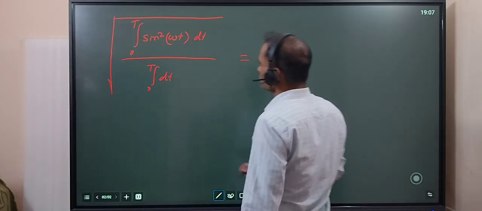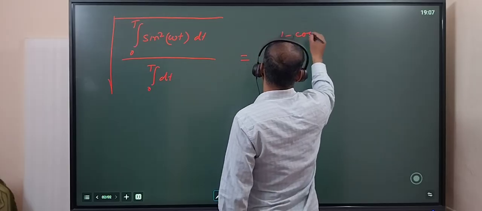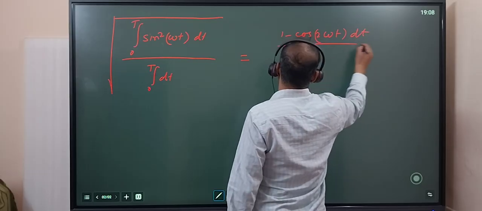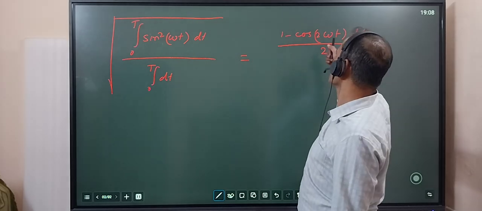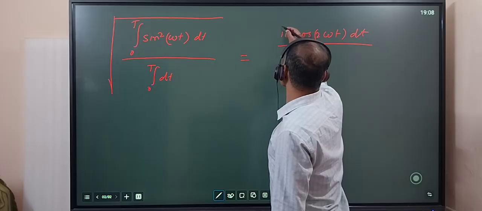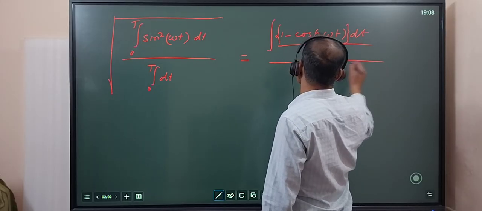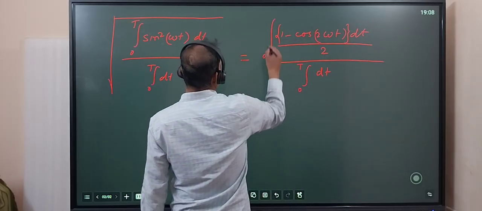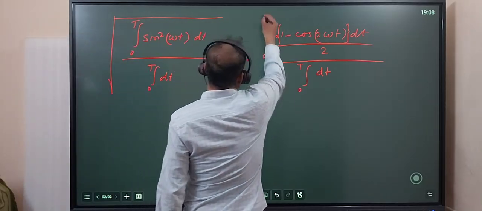So here, sine square omega t is 1 minus cos 2 omega t divided by 2, and then we do the integration, divide by the integral of dt from 0 to T, and then take a square root.